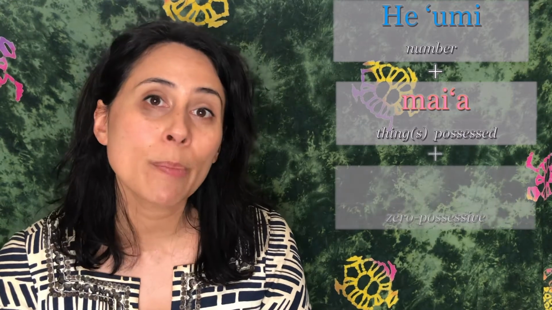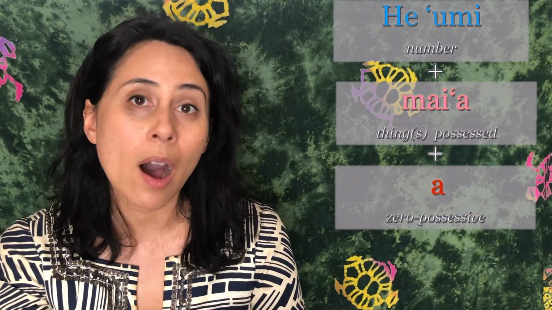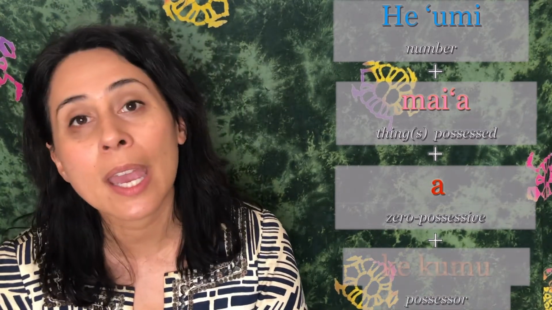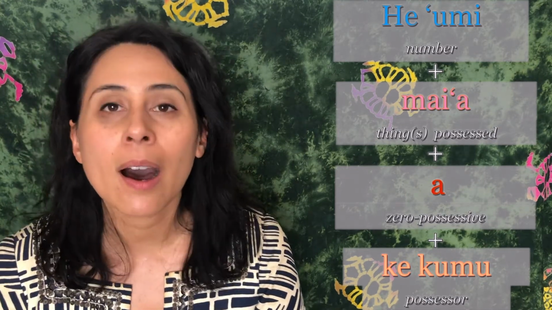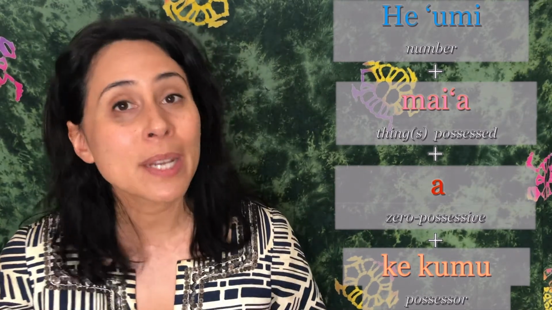Then our A possessive, again, bananas are A-class objects, so a. And then the possessor, the teacher, ke kumu. He umi mai'a a ke kumu. The teacher has 10 bananas.